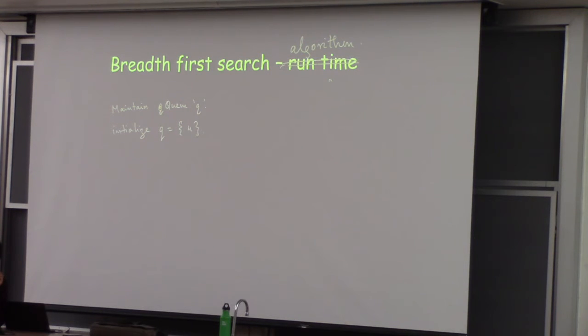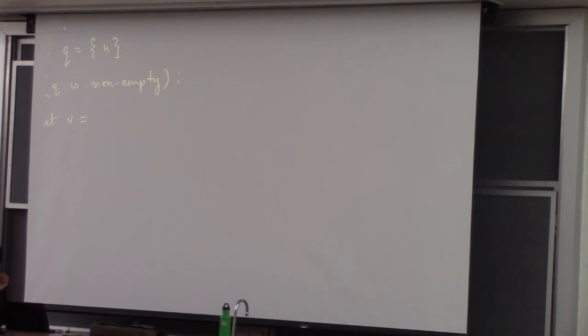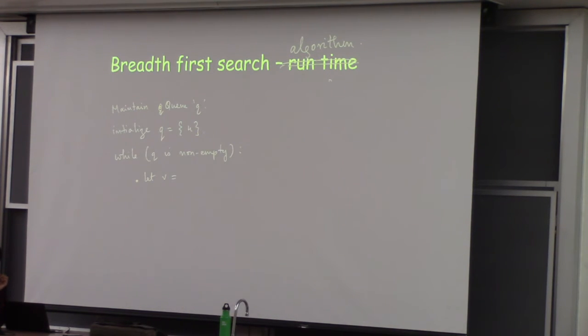Now what you do is, as long as the queue is non-empty, so while the queue is non-empty, you do the following. Let V be the first element of the queue, and let's now process this first element.